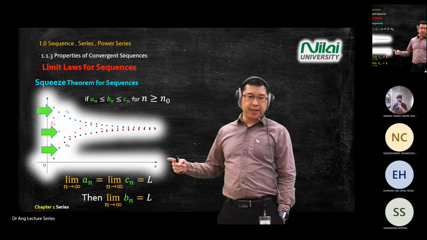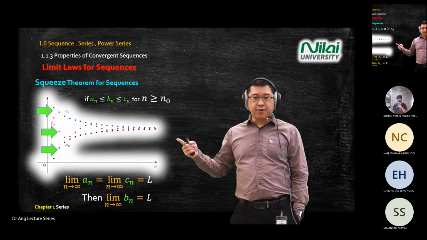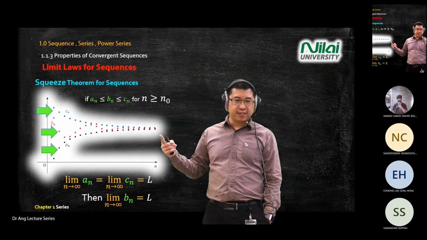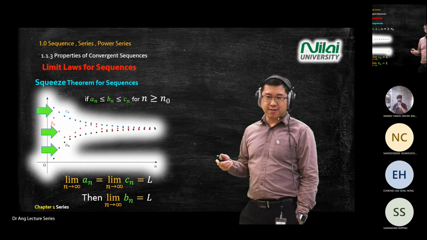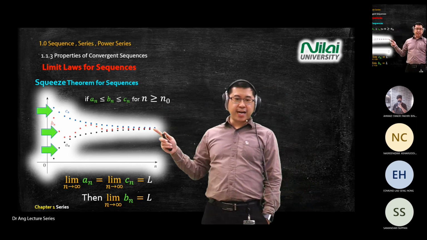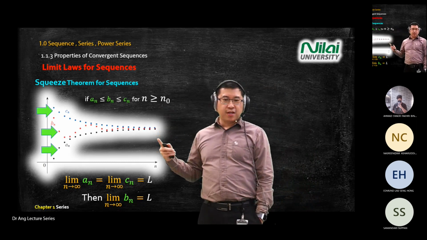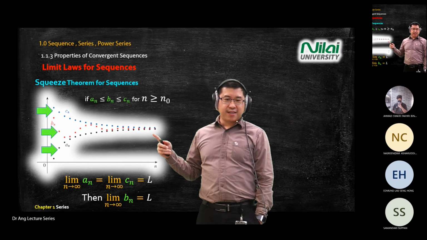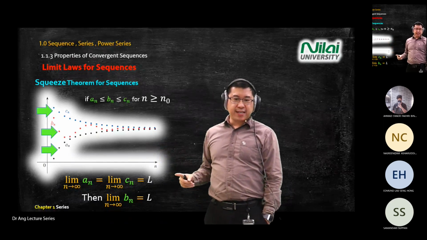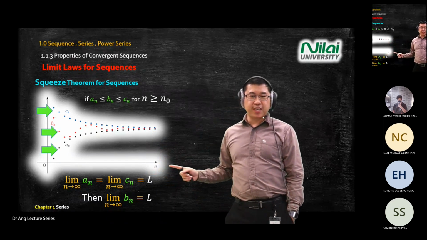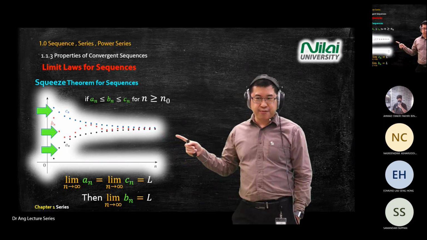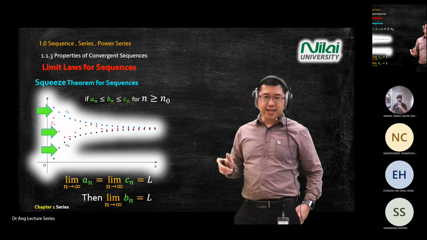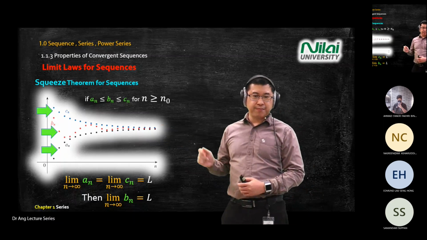Now what does it mean? Let's say I give you a set of data, data A, to see whether you understand or not. If the first set of data A, the black dot, converges at 5 as you increase n up to infinity, so this point is 5.